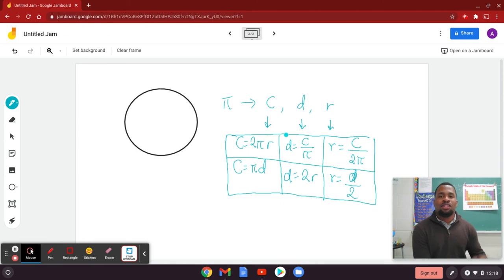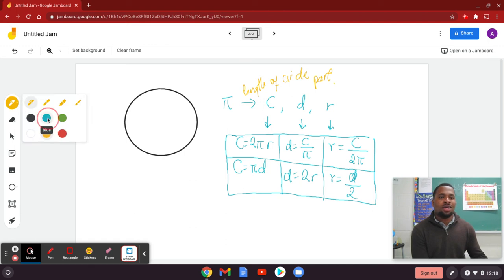And so the other way by which you can use pi, take note that our first way of using pi specifically is to determine the length of a circle part. Now, the other way is by doing what we call area.